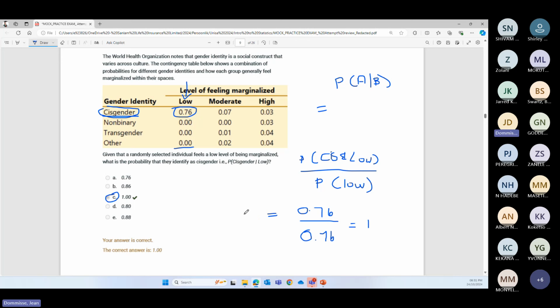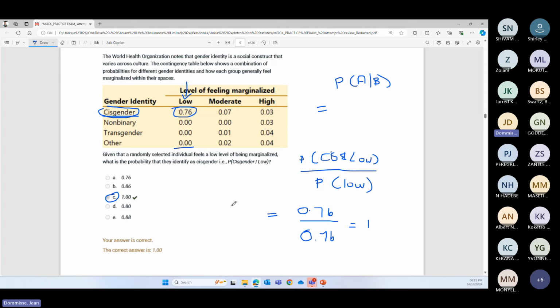Okay. That is an interesting question, because we will normally not see in a cross tabulation that you get the probability is equal to 1.